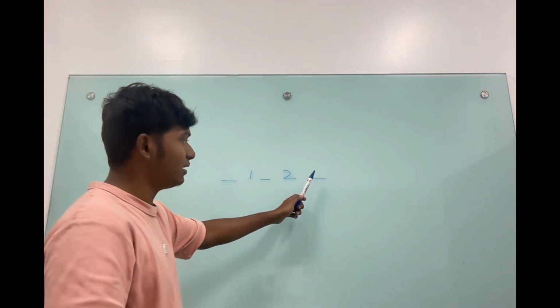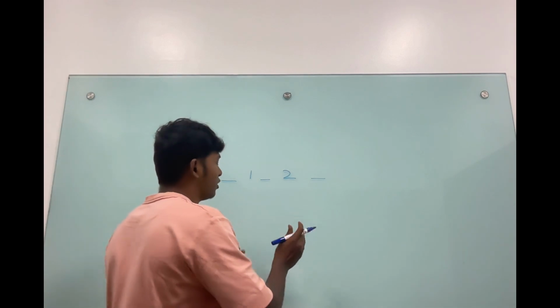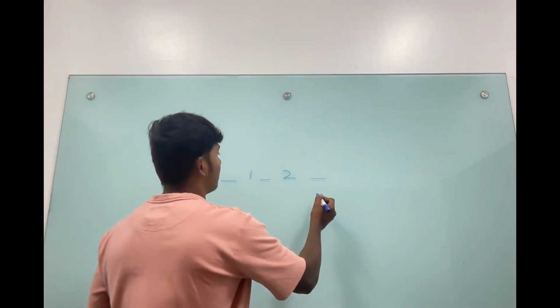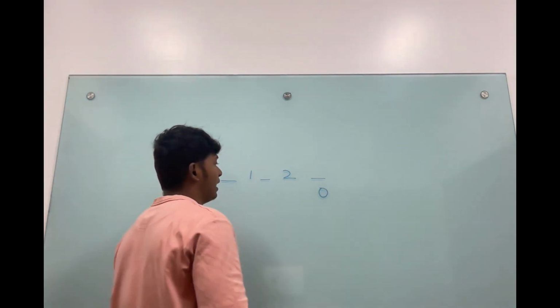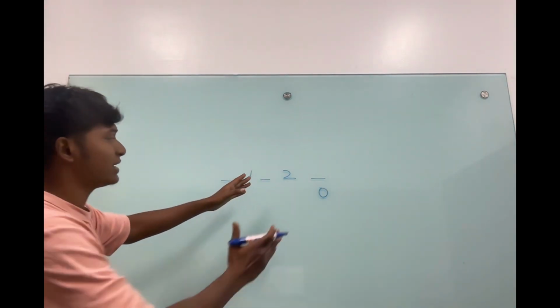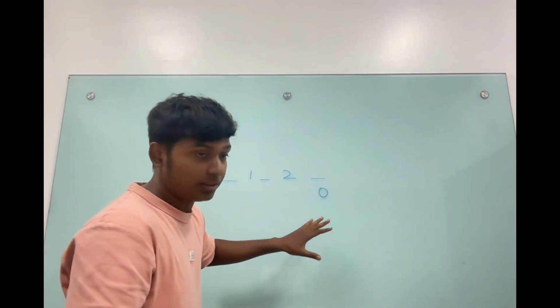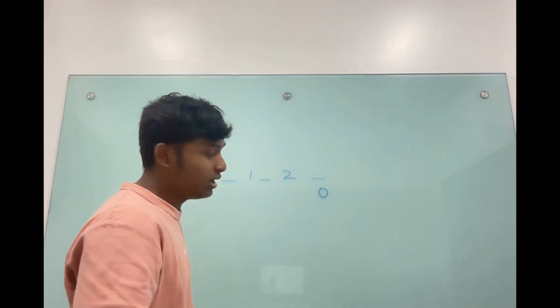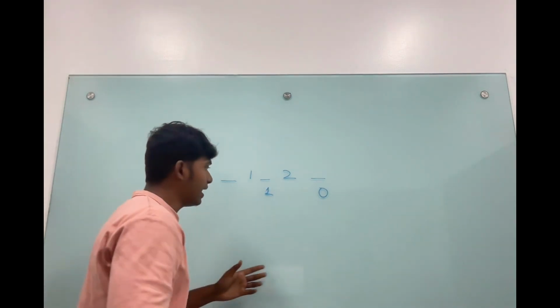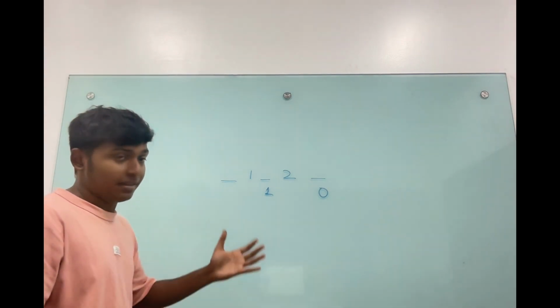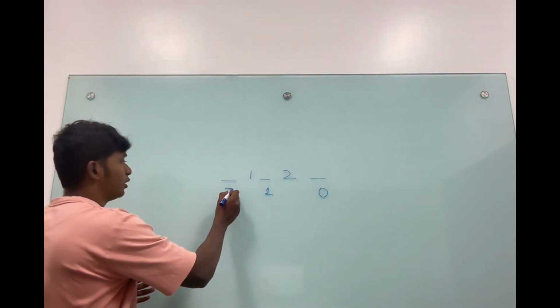If we place 3 at the end, there will be 0 inverse pairs, because 3 is the greatest and there will be no inverse pairs. If you place 3 between 1 and 2, there will be exactly one number smaller than 3 on the right side of 3, so you will have one inverse pair. And if you keep it at the start, then both these numbers are smaller than 3 and are to its right, so there will be two inverse pairs.